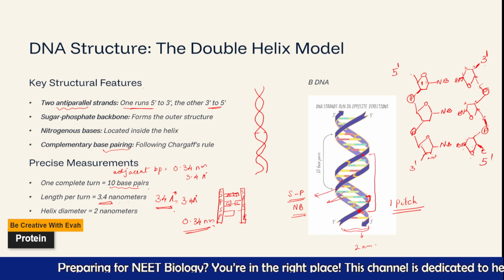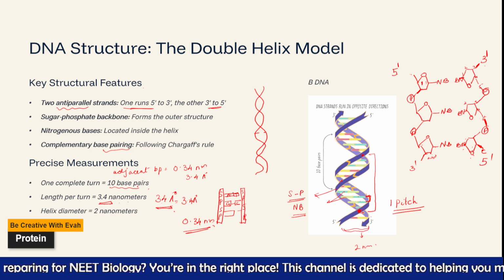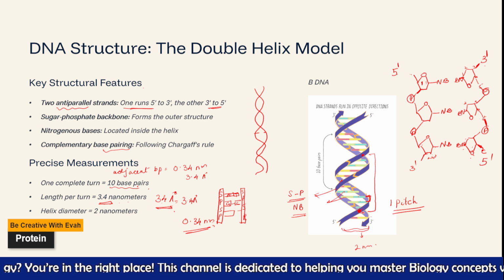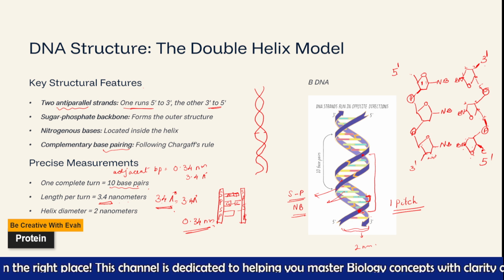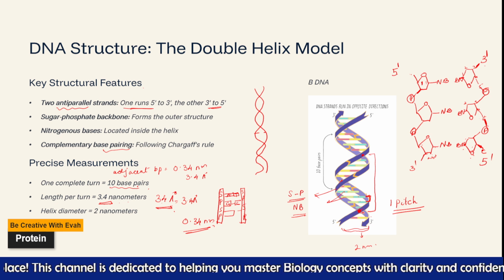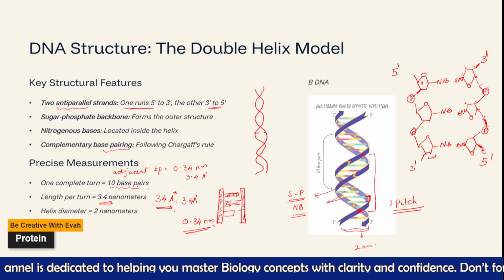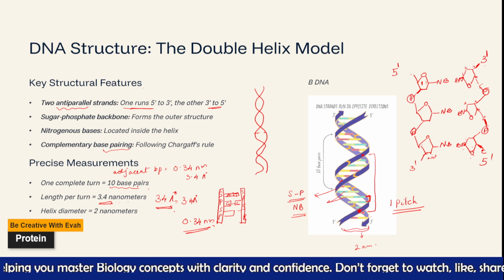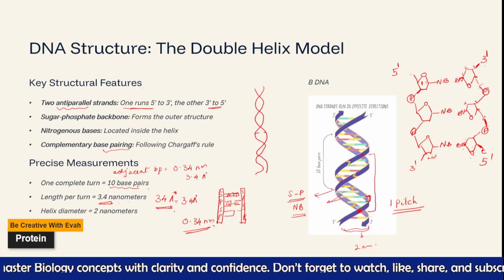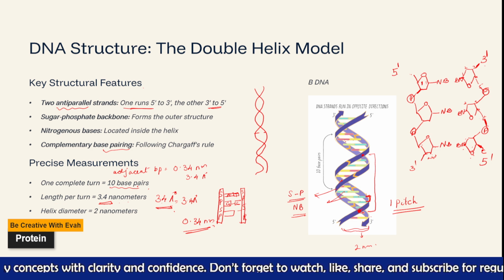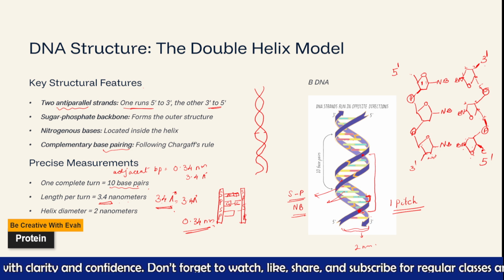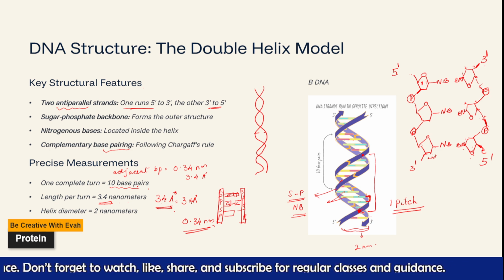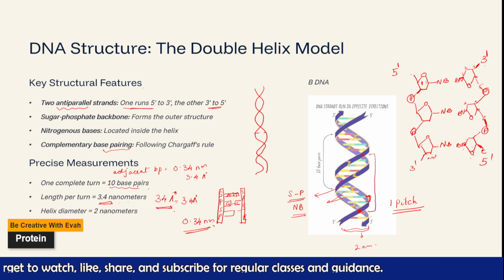N-glycosidic bond is there, right? Then what else? Phosphodiester bond is there, and in between the nitrogen bases there are hydrogen bonds also. Remember, hydrogen bonds, phosphodiester bonds, N-glycosidic bond.